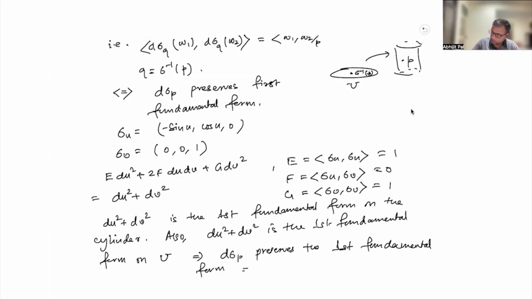This shows that sigma is an isometry onto its image.